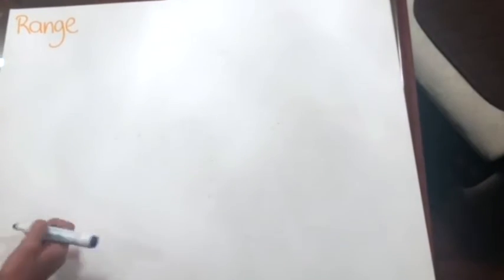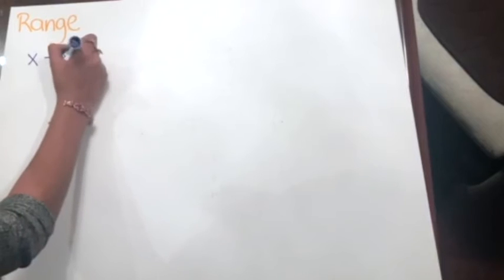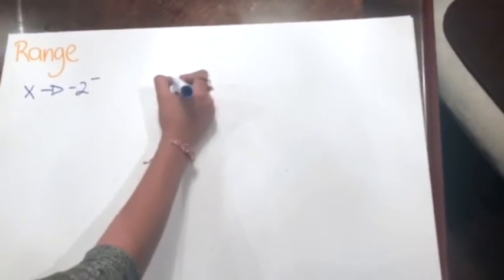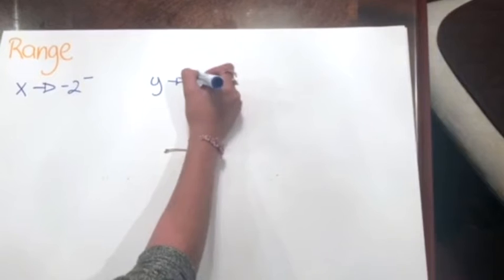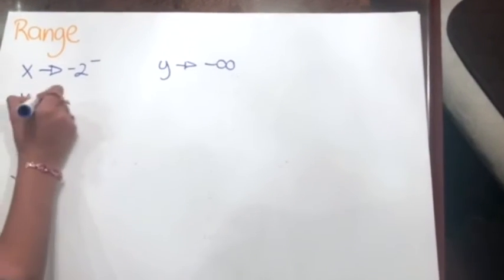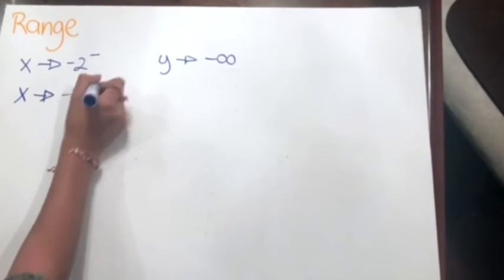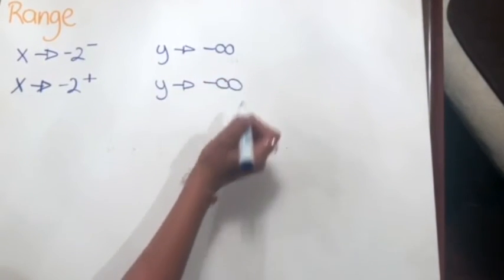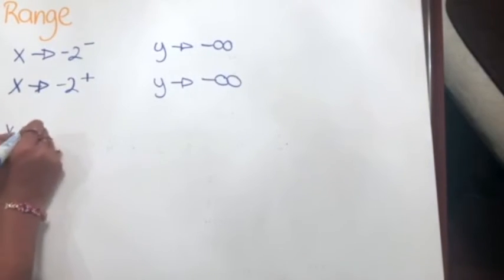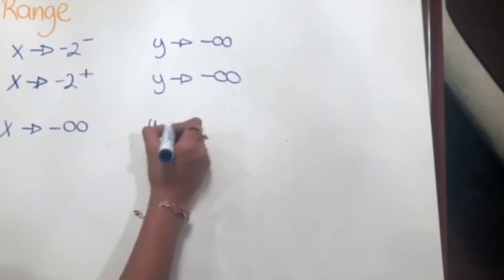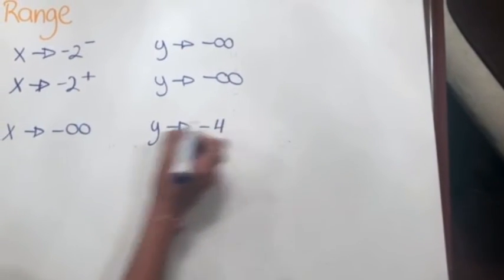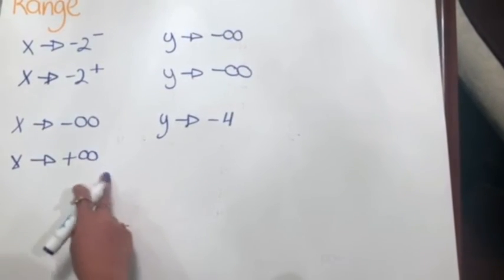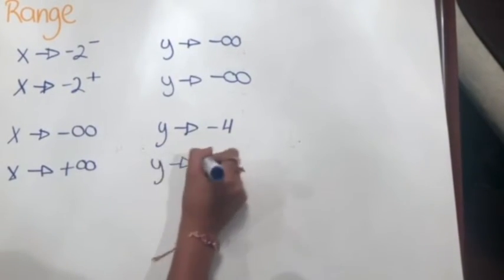To get the range, let's remember that when x approaches before minus 2, y approaches minus infinity, and when x approaches after minus 2, y will also go to minus infinity, and when x approaches minus infinity, y would go to minus 4, and when x approaches positive infinity, y would go also to minus 4.